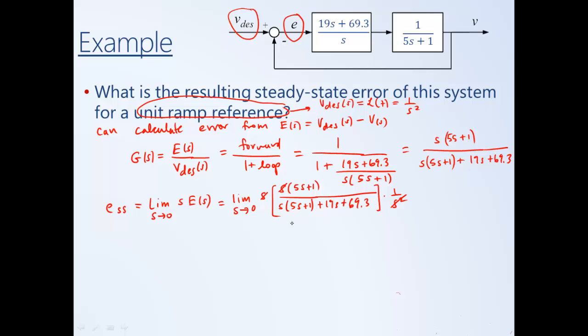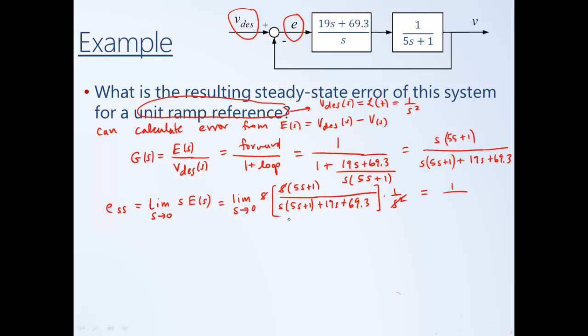If you found the poles of this transfer function, they have a negative real part, so the final value theorem holds. This function is defined at s equals 0, so we can simply sub in s equals 0. If we sub in 0 for s, that'll go away. We'll just be left with a 1 in the numerator.